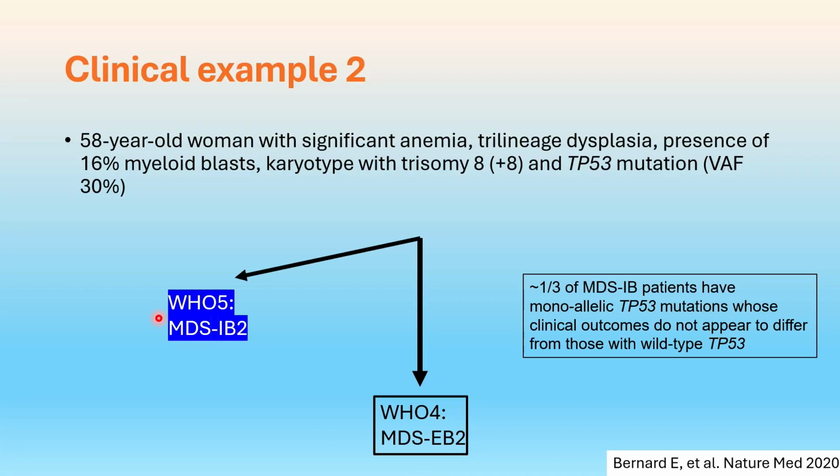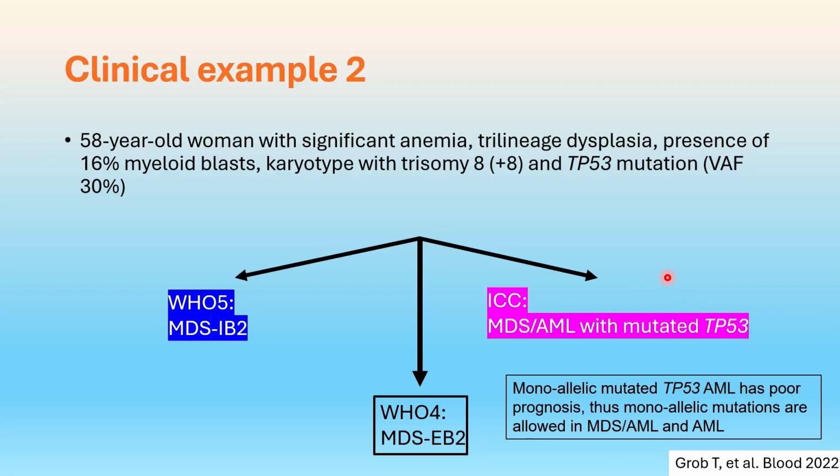The 5th edition is going to similarly call this MDS with increased blasts 2. And this is partially based on this study, but there's a bunch of studies, you can look them up. But it says that about 1/3 of MDS patients with increased blasts have monoallelic TP53 mutations, and their clinical outcomes do not appear to differ from those with wild-type P53.